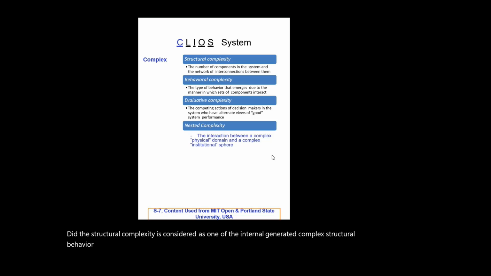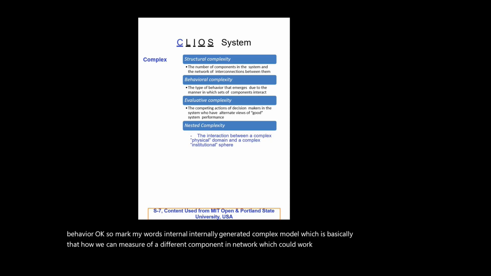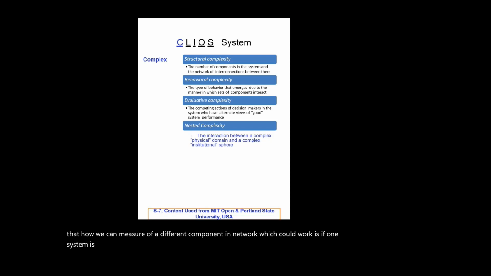So mark my words: internally generated complex model, which is basically how we can measure the different components in a network which could work as one system, one body, one unit.